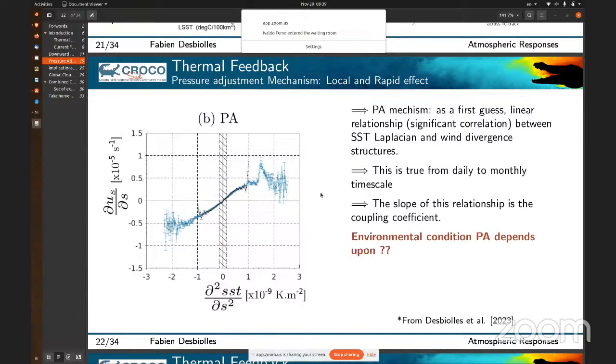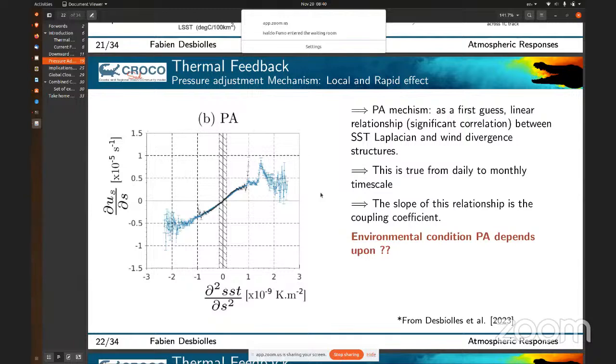Here I plot the Laplacian of the SST on x, and on y, I plot the wind divergence. We also see a nice linear relationship appearing, also at daily time scales. And in black are the monthly time scales, where we did exactly the same as for downward momentum.